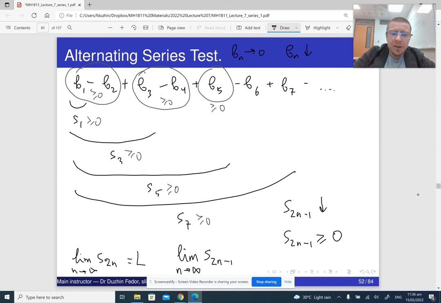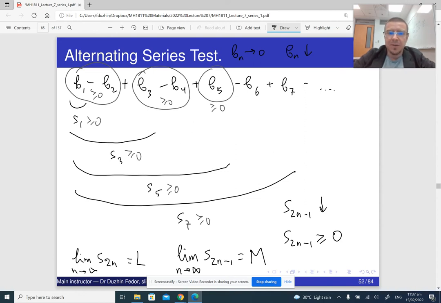So the limit of the sequence of odd partial sums as n goes to infinity is some number which, strictly speaking, could be different from L. We don't know yet, right? So I'm going to write M here. The last remaining thing to check, to make sure that the limit of the sequence of all partial sums, including even and odd, exists, is to check that L equals M, right?